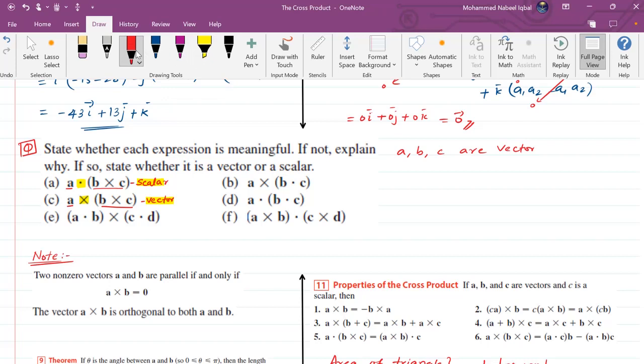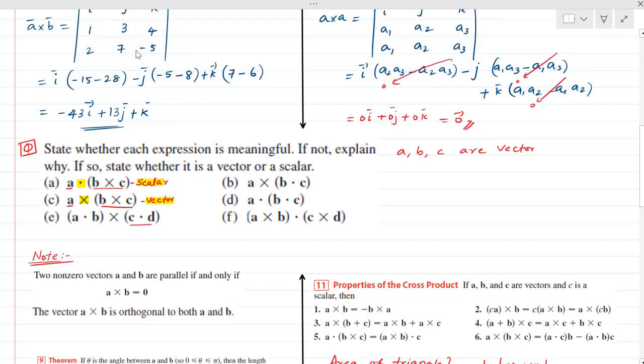Here you will get this is your scalar, and this is also a scalar. If you have two scalars, we cannot take the cross product, which is meaningless. This is not possible.